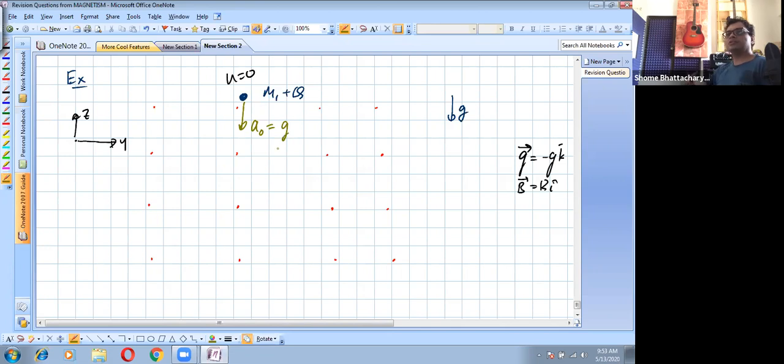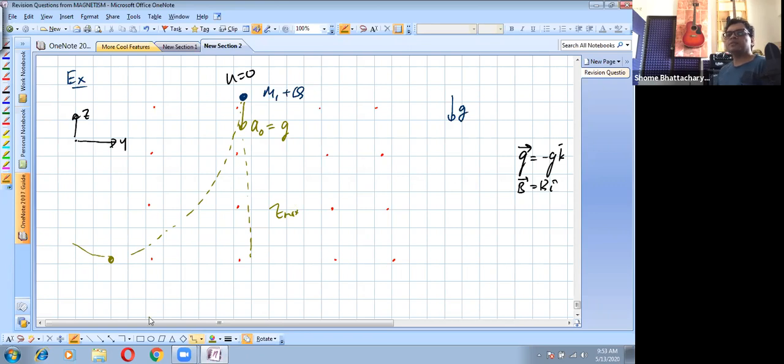Now, as it comes down like this, what will be the direction of v cross B here? It will be towards the right, sorry, towards the left. So this particle will tend to turn like this, or something like this. So let's say this is the point where it has maximum vertical displacement. So this is our z max, which we have to calculate.